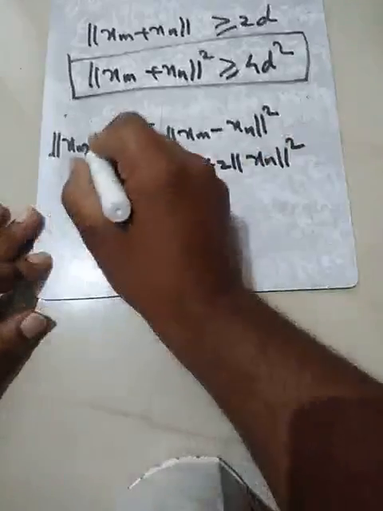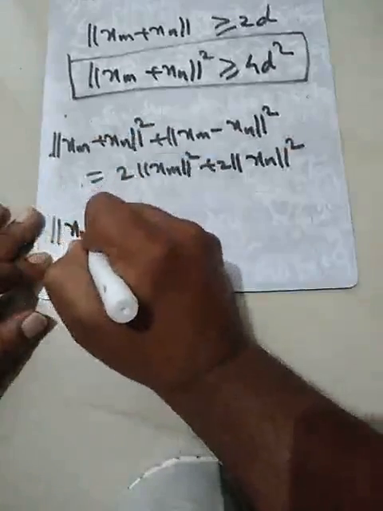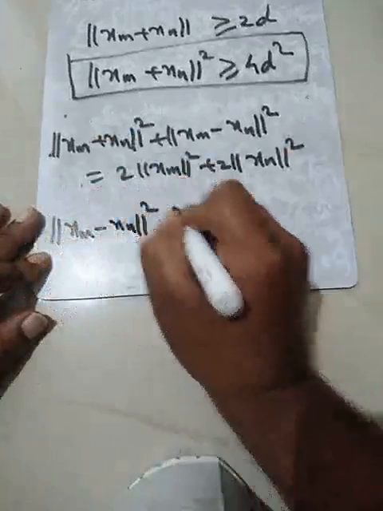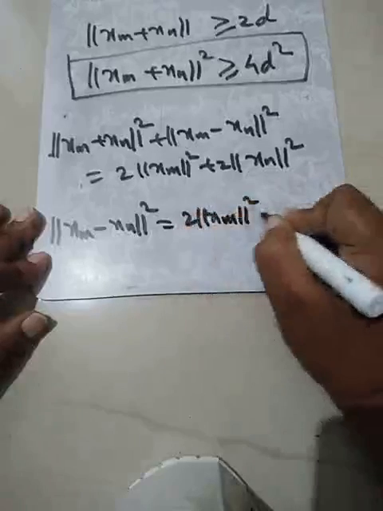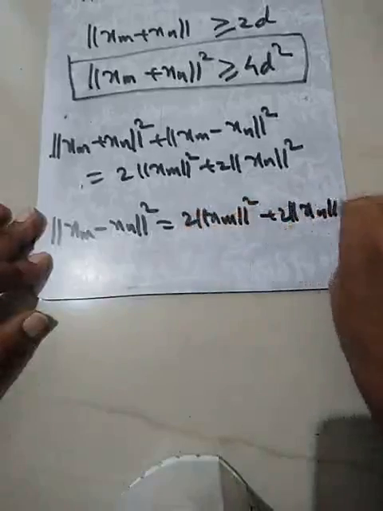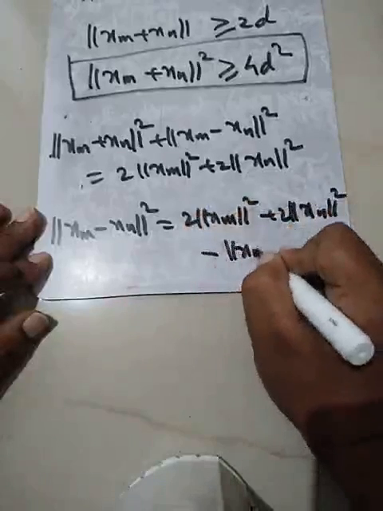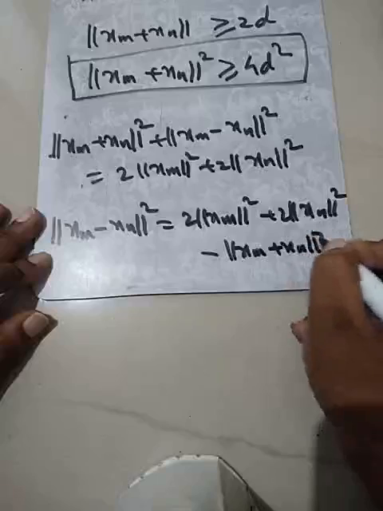So shifting this to the right hand side, norm of xm minus xn whole square is equal to 2 times norm xm whole square plus 2 times norm xn whole square minus norm of xm plus xn whole square.